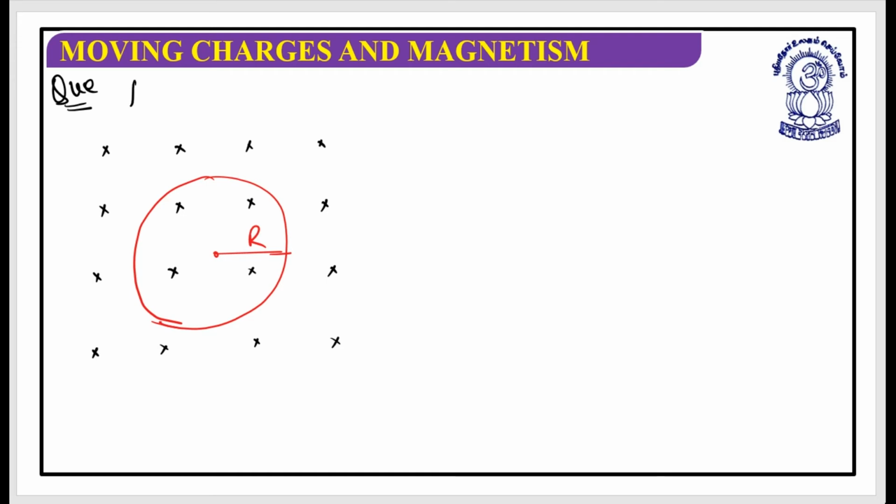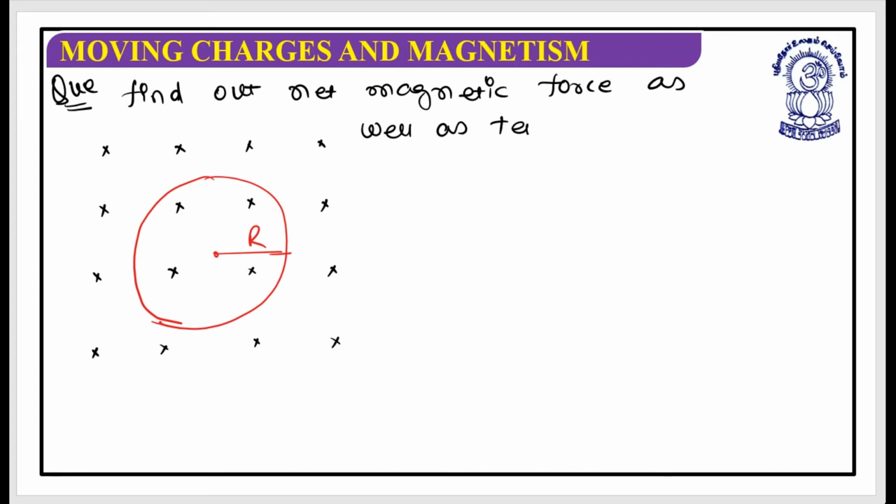So what they ask is to find out the net magnetic force as well as the tension in the ring, or tension in the wire. Suppose current is flowing in this direction.